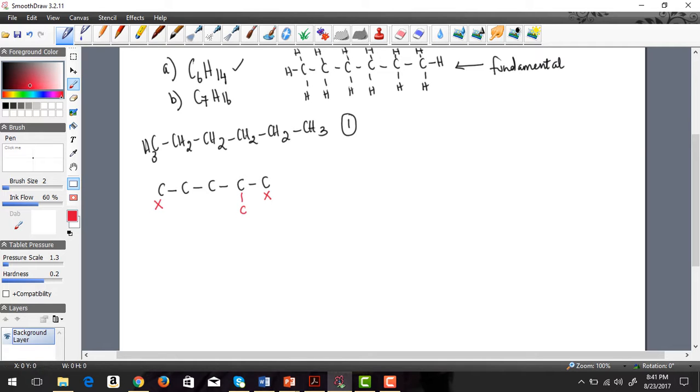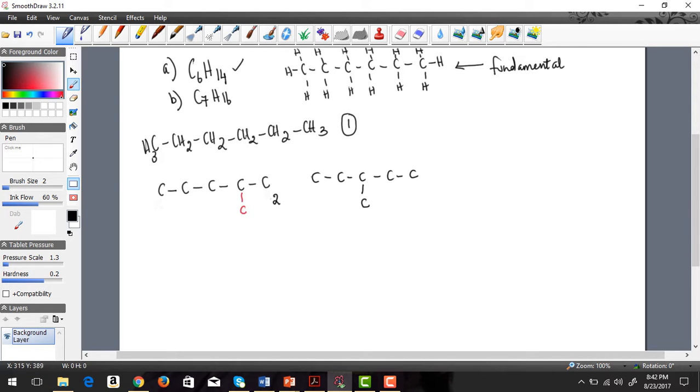Let me erase this right here, because I don't need it. Then I can also create one more, where I write my 5 carbons again, but this time again you don't want to put it on the terminal. Now these 2 are different, they're not the same.